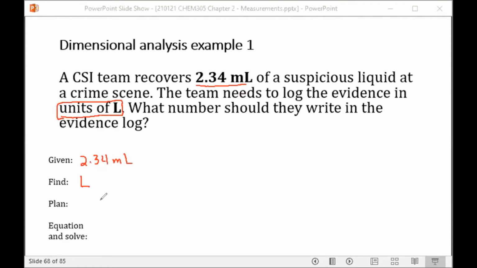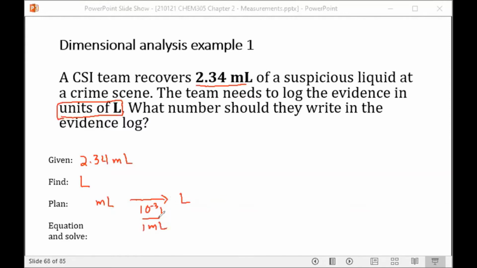So we have to come up with the plan. We need to go from milliliters to liters. And we can look up our conversion factor to go from milliliters to liters using the prefix table. And from the prefix table, 10 to the negative 3 liters per 1 milliliter.